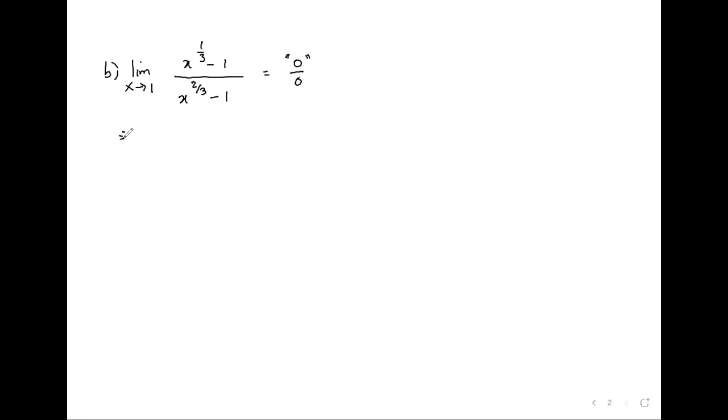So say, okay, this means that the limit as x goes to 1 of the derivative. So now we'll get the limit of the derivative with respect to x of the numerator over the derivative of x to the 2 over 3 minus 1. This is going to be the limit as x goes to 1.